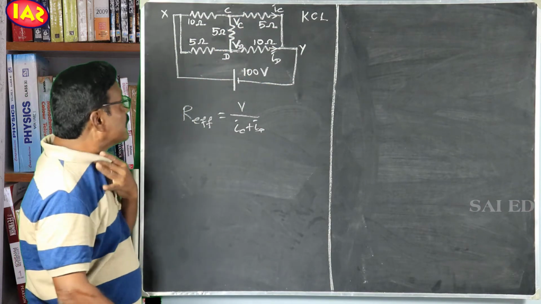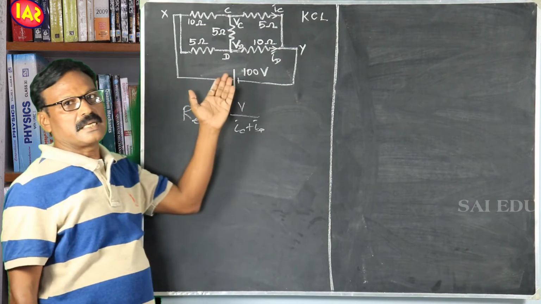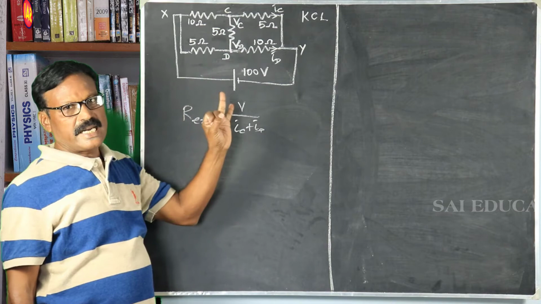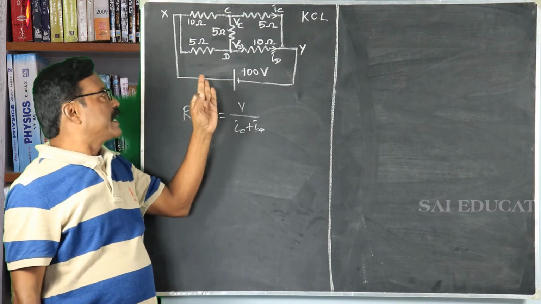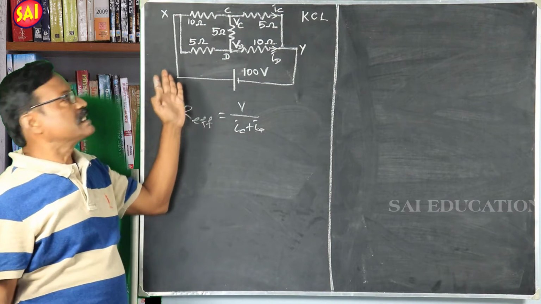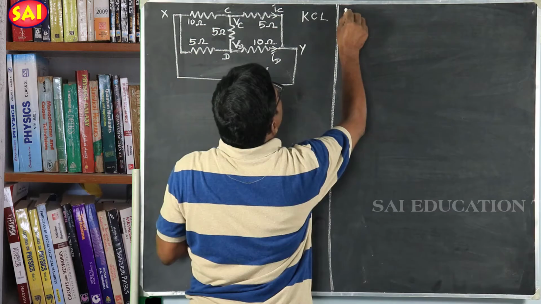So, by this nodal analysis method, we can calculate potential, potential difference, current through any branch, and effective resistance of the circuit.